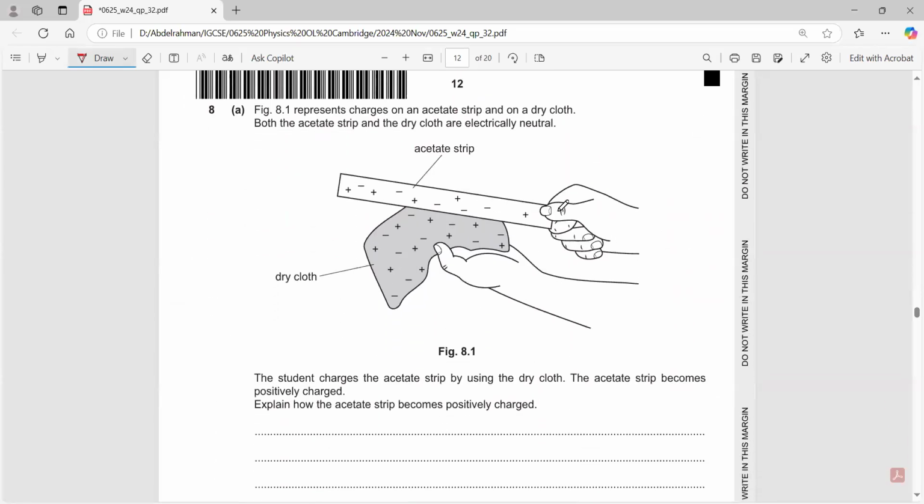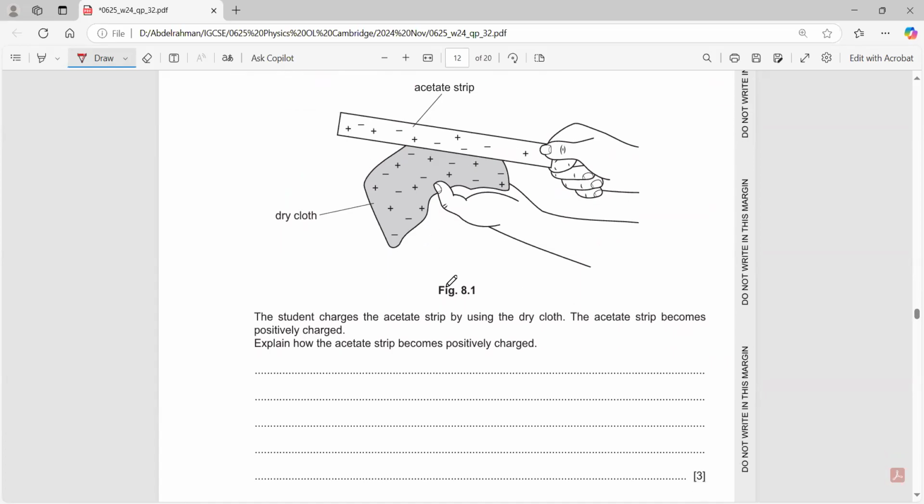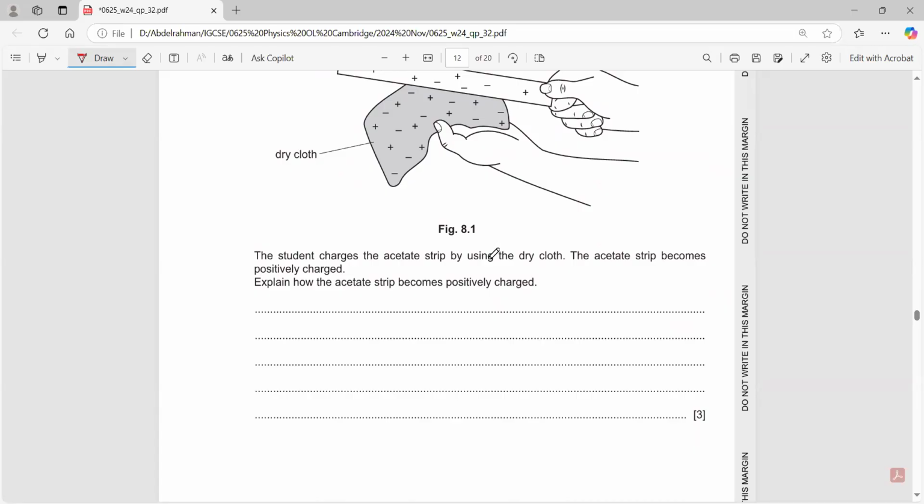Figure 8.1 presents charging. You have a dry cloth and you have a strip. The student charges the acetate strip by using the dry cloth. Explain how it becomes positively charged. Due to this friction, it loses electrons to the cloth.